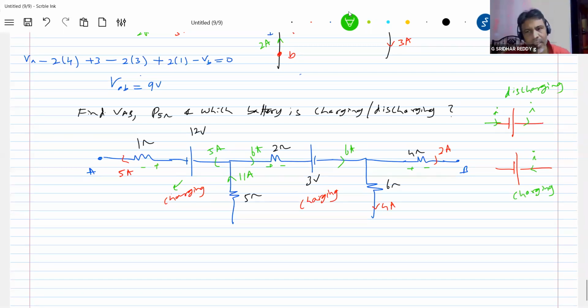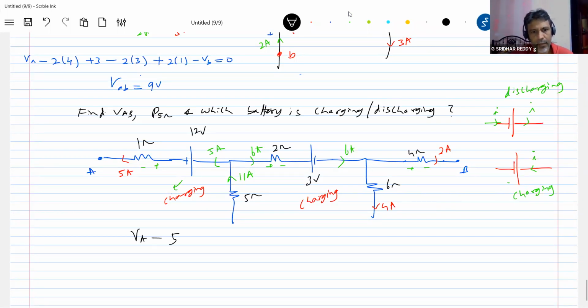When you are using a mobile, the battery will be discharging. When you put it for charging, the current will enter the battery inside the mobile, so it will be charging. Here it will accept energy from an external source, whereas otherwise it supplies energy to the circuit.